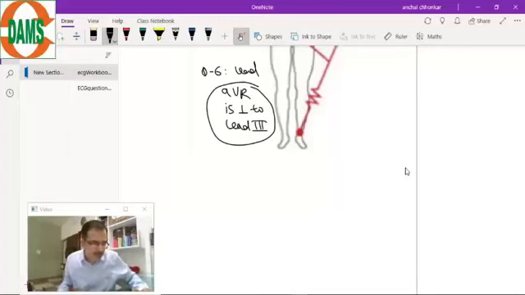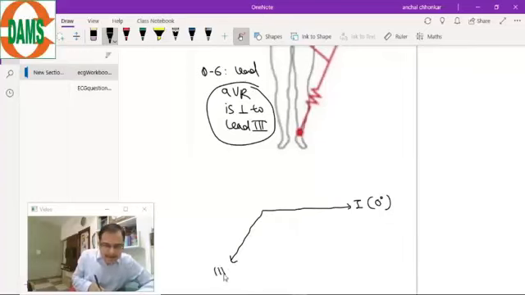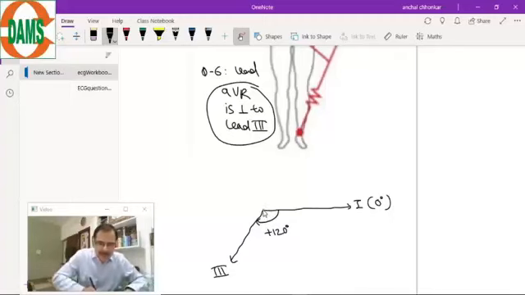Here is lead 1, 0 degree. Lead 1 is 0 degree. Here is lead 3, plus 120 degrees, and here is the extension.